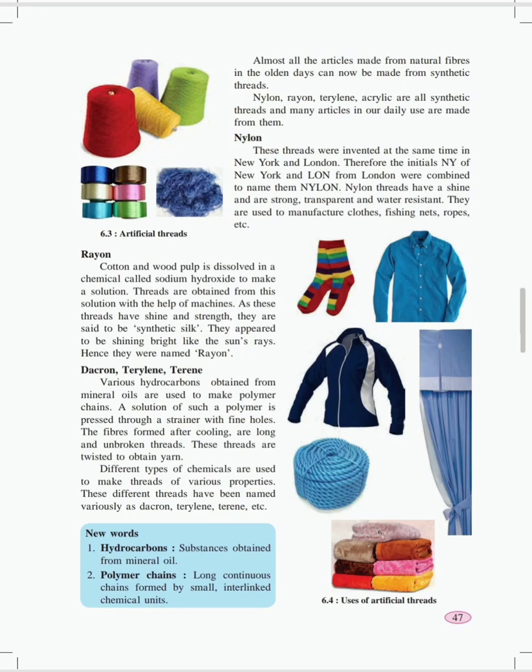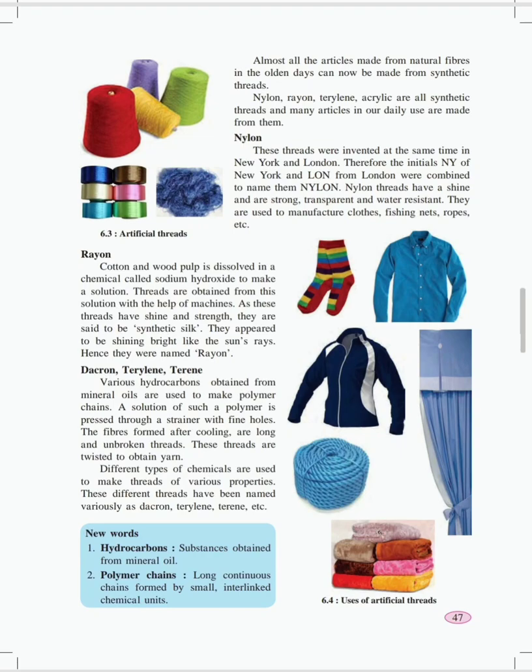Dacron, terylene and terene. Various hydrocarbons obtained from mineral oils are used to make a polymer chain. A solution of such a polymer is pressed through a strainer with fine holes. The fibers formed after cooling are long and unbroken threads. These threads are twisted to obtain yarn.